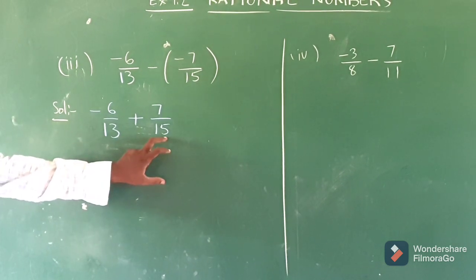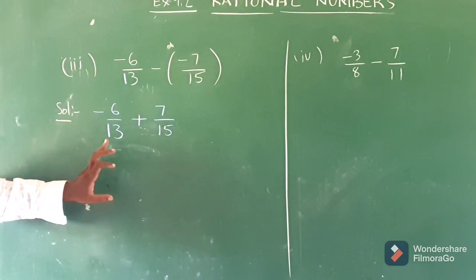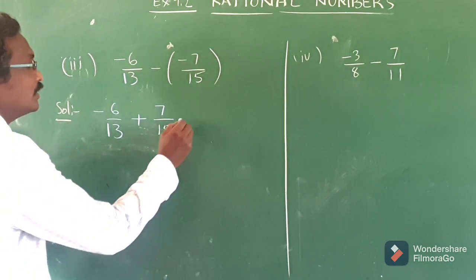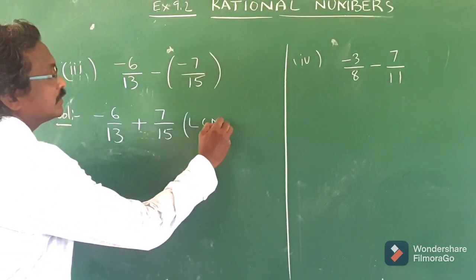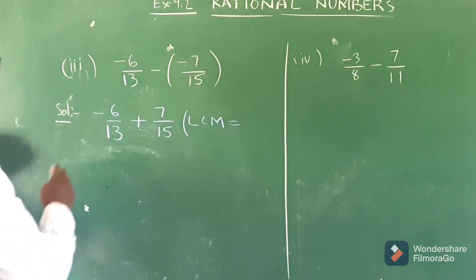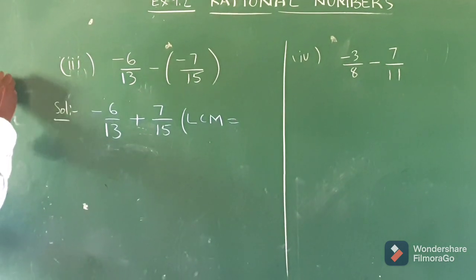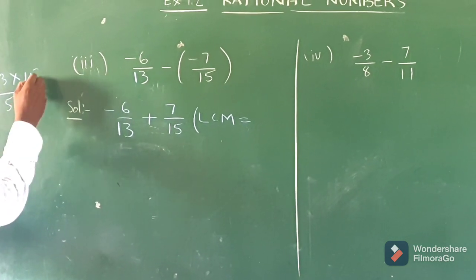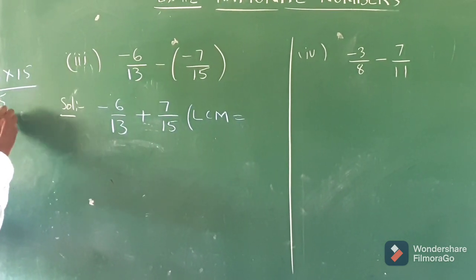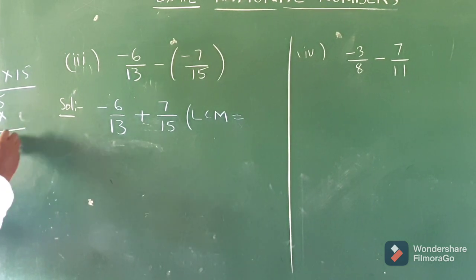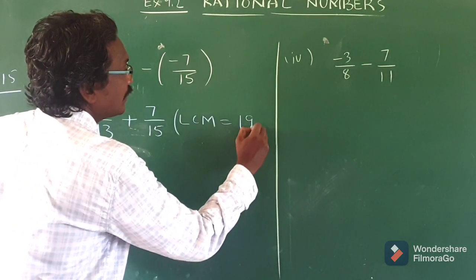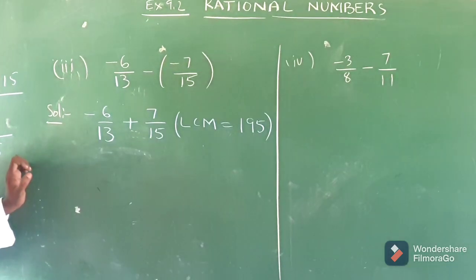They are not possible in one table, so multiply; that is called the LCM. So the LCM is equal to 13 into 15. Multiply: 5 threes are 15, 1 carry, 5 ones are 5 plus 1 is 6, 1 three is 3, 1 one is 1. So what is the LCM? 195. 195 is the LCM.